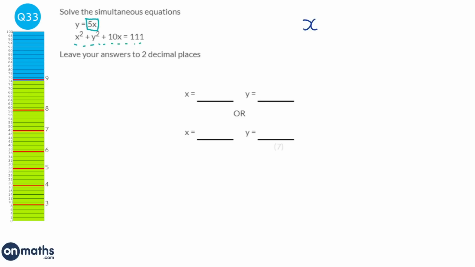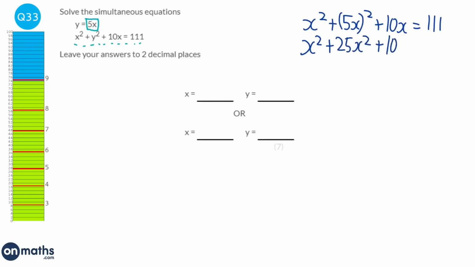So we've got x squared plus, and instead of y we're going to write 5x, we're going to put it in brackets because we're going to square it, plus 10x equals 111. So we can actually create a quadratic from this situation. So we're going to just square that. So that's going to be 25x squared plus 10x equals 111. I'm going to just put our solving lines in.